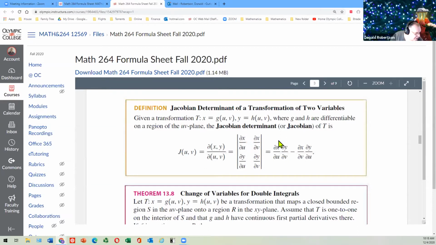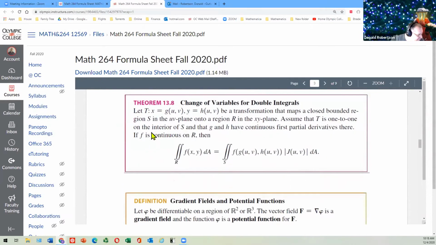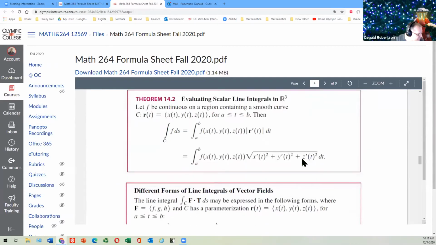So you'd have an extra row called dx by dw, and the last row would be dz du, dz dv, dz dw, and you'd get some ridiculously ugly thing. And that's the generic version of it.